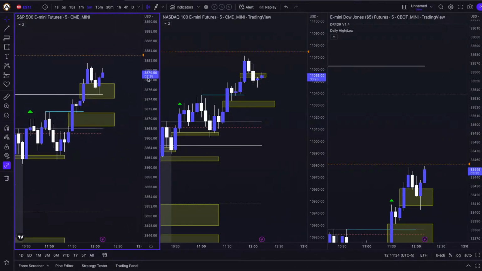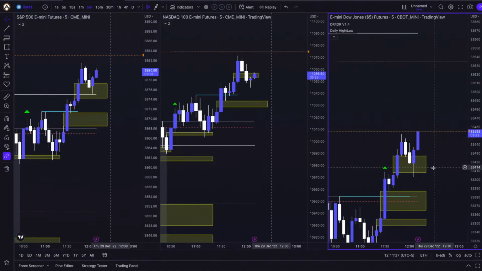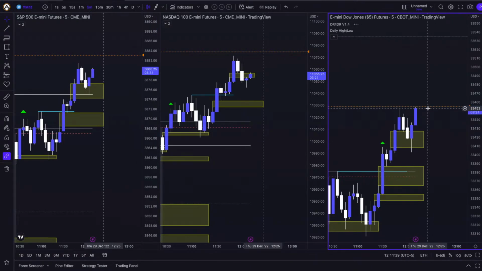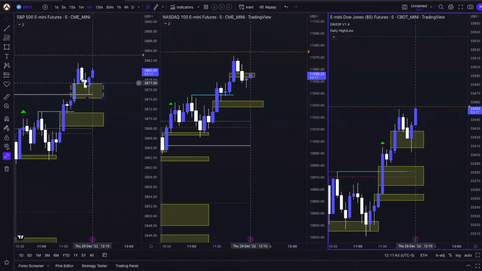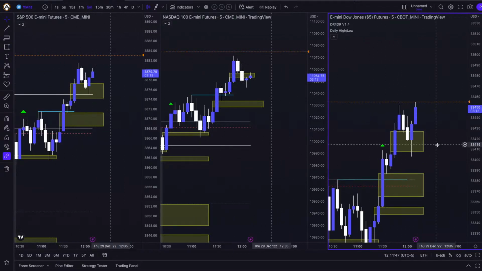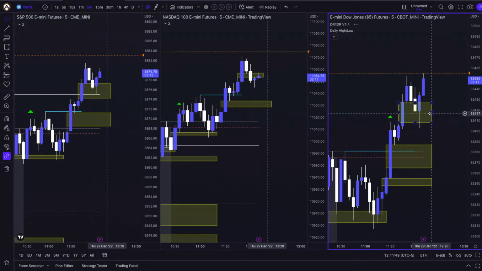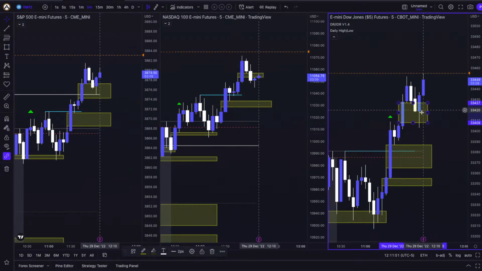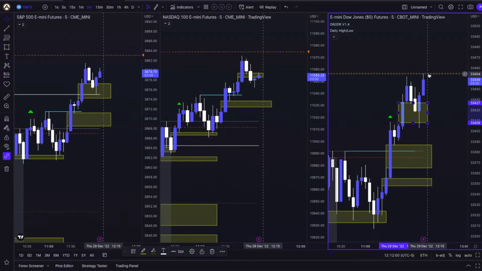So let's see. Looks like the US 30 index is leading again, which now I think successfully hit our 0.5 standard deviation. Nasdaq and S&P are currently still lagging behind. Interesting. So for example, if you would have entered on this 5-minute fair value gap right here, maybe on a lower time frame with a volume inefficiency or something similar to that, could have been a nice little scalp to our overall profit target.